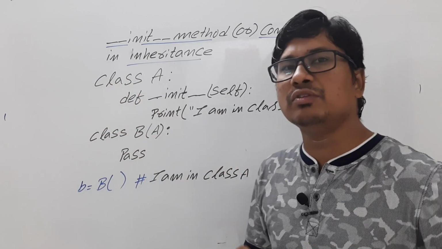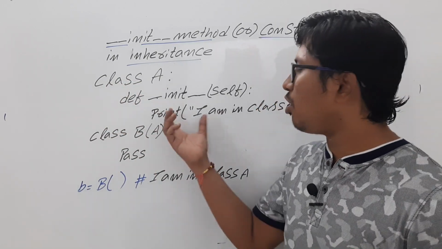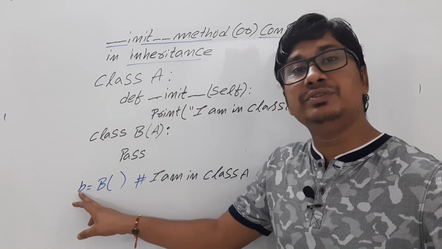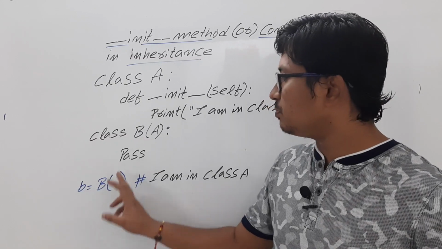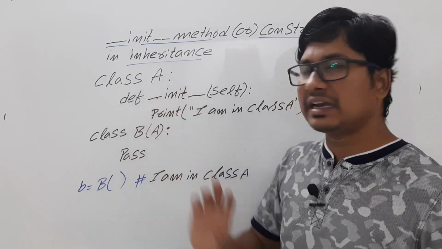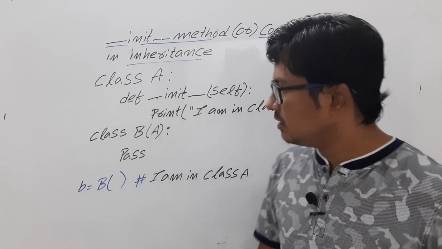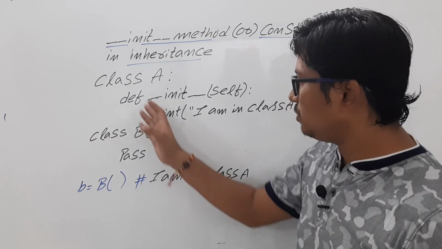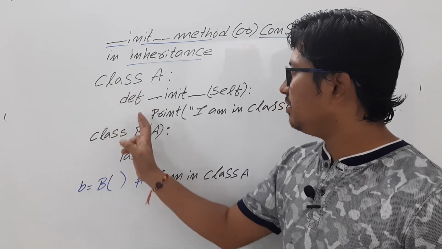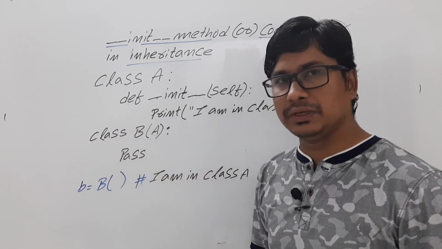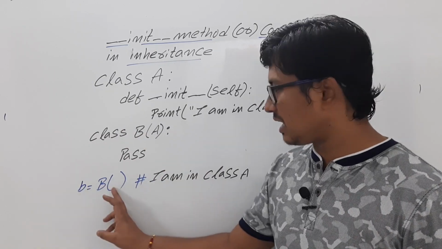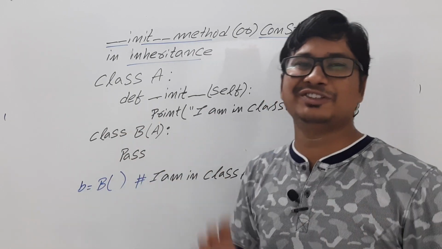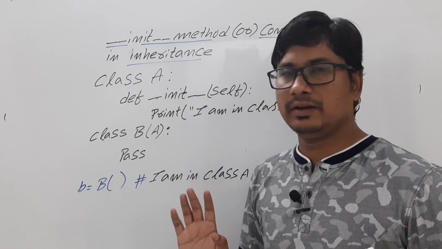So this init method will be useful for you to initialize the object state of class A. But you have created an object for class B, which is a child class for the parent class A. Then as I already told you earlier, whatever properties class A has will come to class B. So internally this init method is also there in class B. So once you create an object for class B, this init method will be invoked without calling.